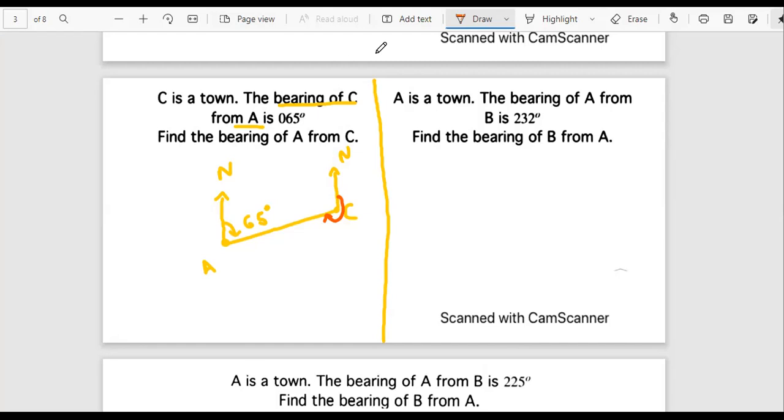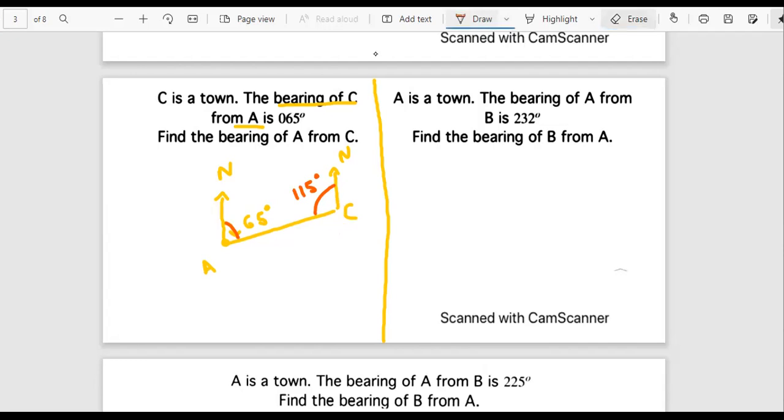We are interested in finding out this angle. We cannot do that directly. If this angle is 65 degrees, we know that the sum of angles between two parallel lines is 180 degrees. So this angle is going to be 115 degrees. And now the sum of angles in case of a circle is 360 degrees.